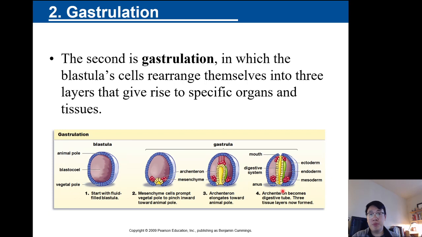So again, derm just means skin or essentially layer. So ectoderm is your outermost layer, endoderm is the innermost layer, and the mesoderm is the middle layer. Now there is a thing called the epiderm, but the epiderm means the top layer of your skin. We're not going to get into that. Just know that there's three different types of cells that are forming.